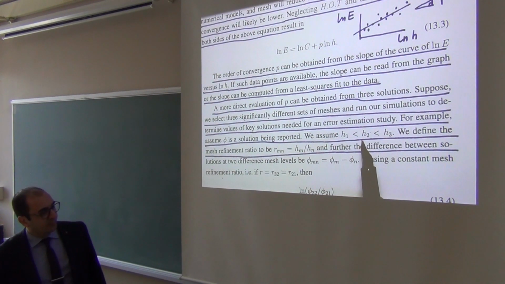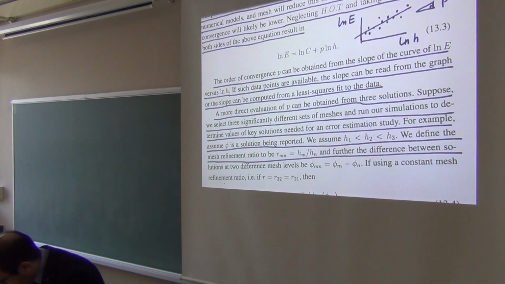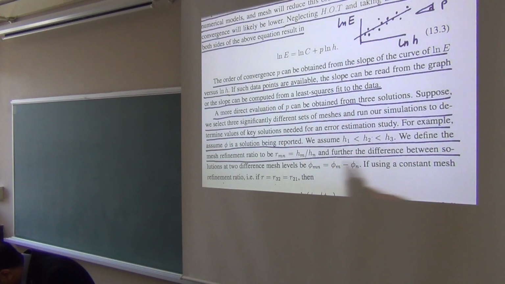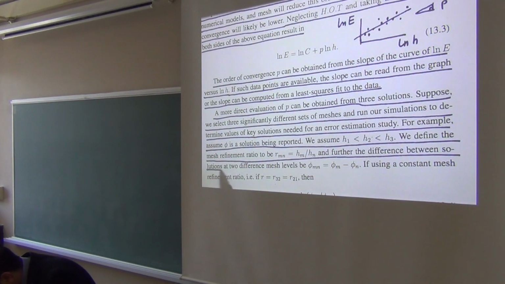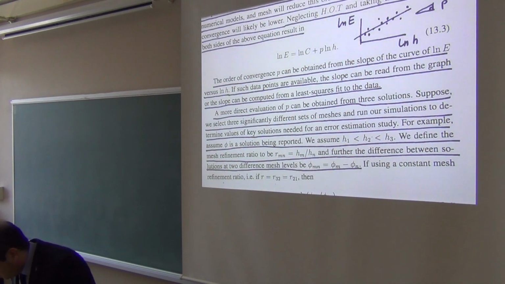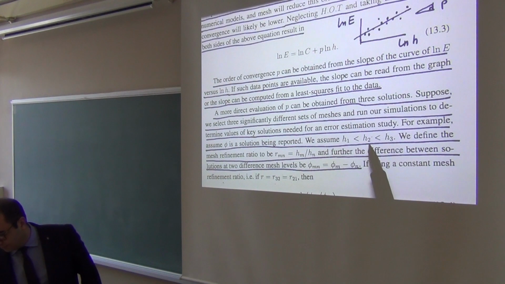I mean, suppose that you have a constant refinement ratio. And further, the difference between the solutions, some sort of absolute error. So two adjacent mesh sizes, 2 and 3, you get a different relative error between the two solutions, or absolute error.